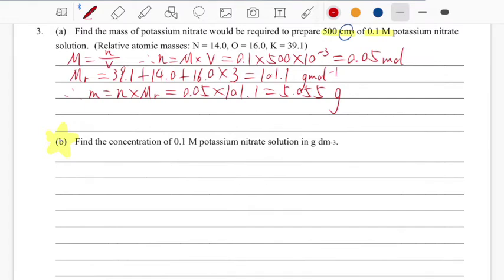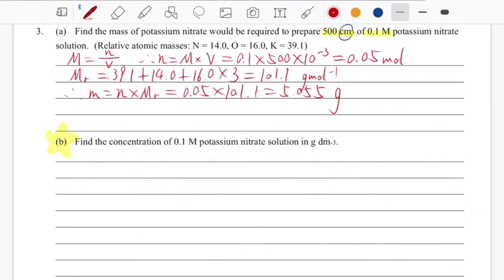First, since we know the mass, which we have calculated in part A, and we also know the volume, we can use the mass divided by the volume to work out the concentration in gram per dm cube. But we also have another way to do it, which is the one that I recommend you take.